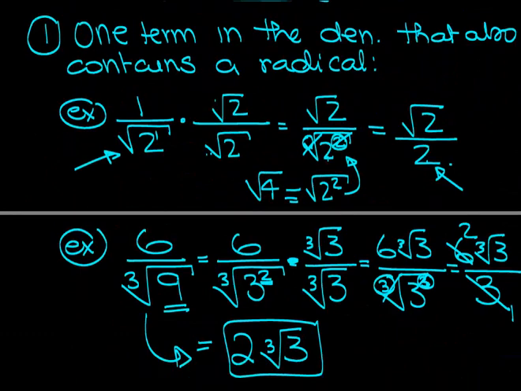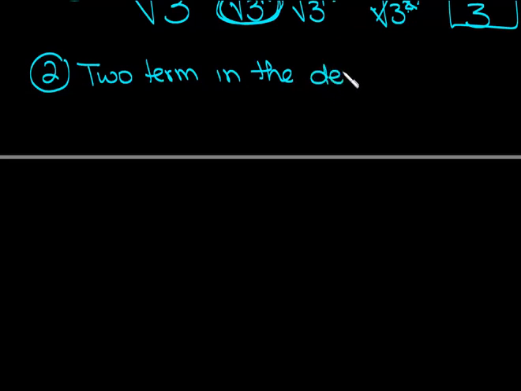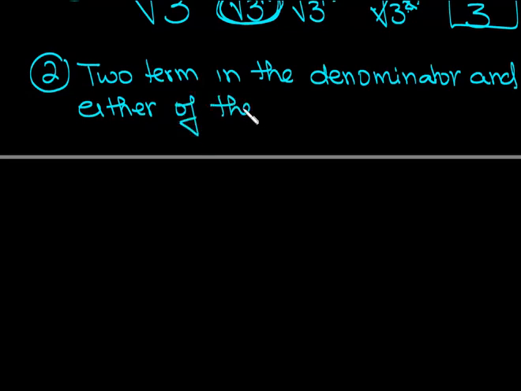Okay. Let's take a look at the second type of problem that we come across when we are rationalizing, where we have two terms in the denominator and either of them can contain a radical.